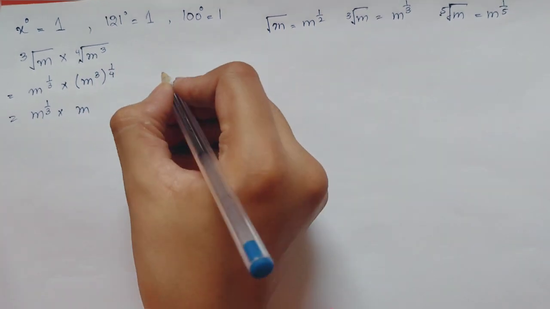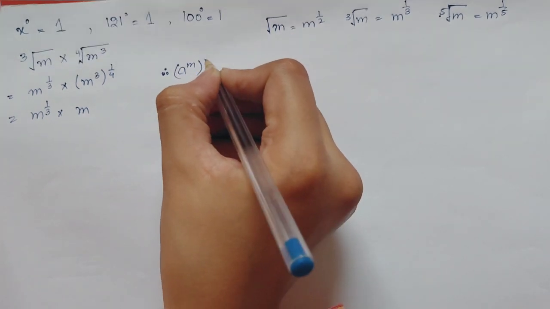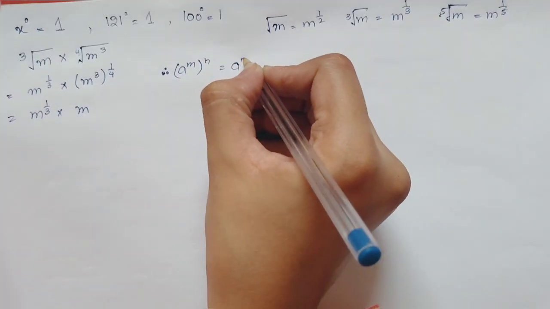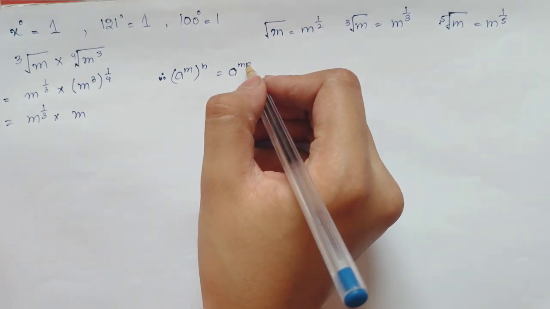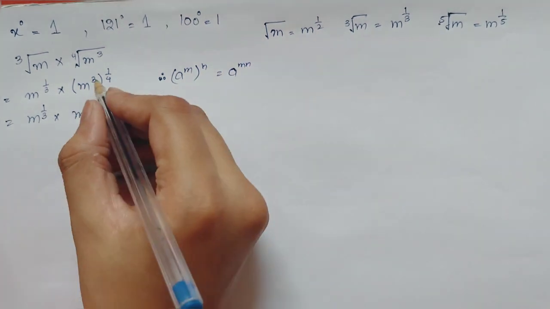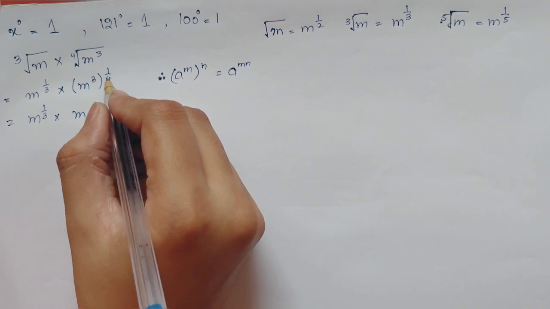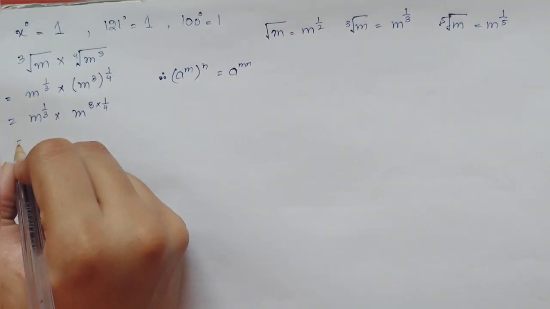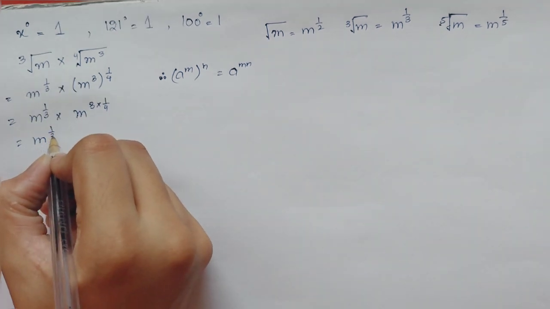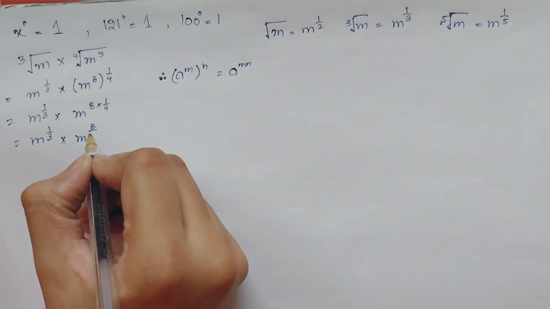I know the law of indices: a power m, bracket power n, means the powers are multiplied, m multiplied by n. So I multiply 3 by 1 over 4, and it becomes m power 1 by 3 multiplied by m power 3 over 4.